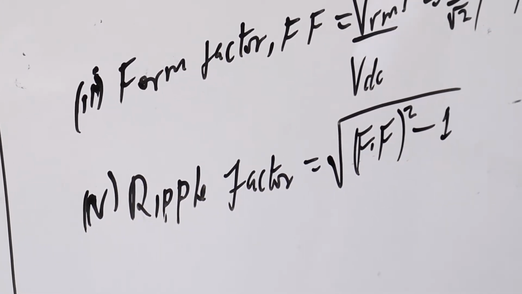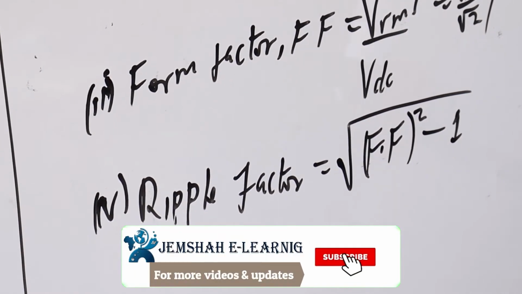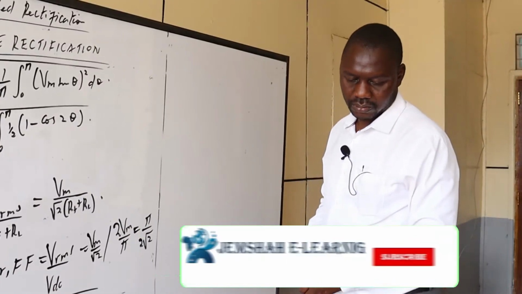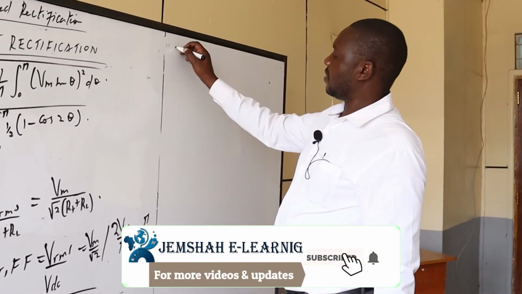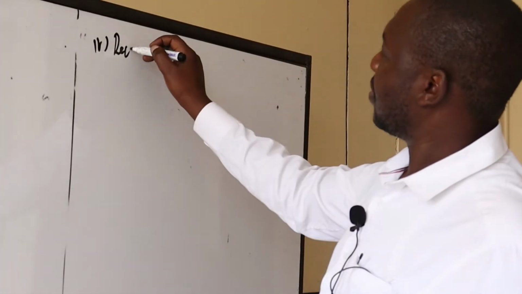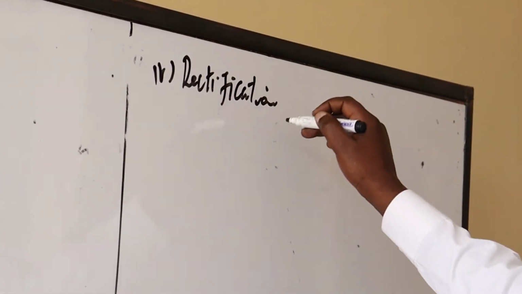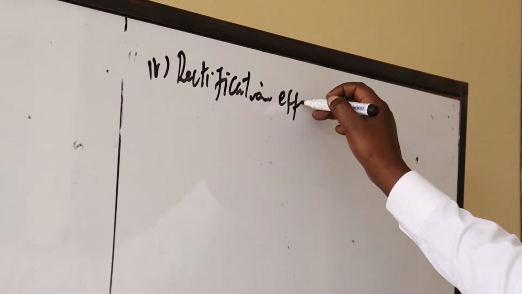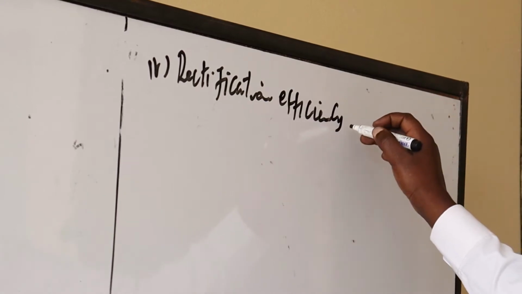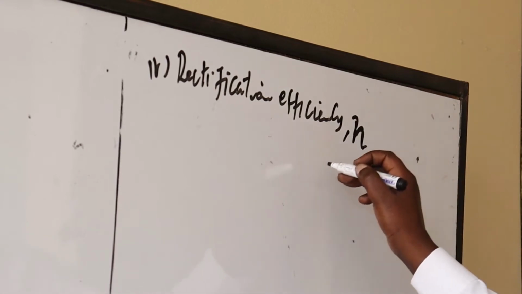Then we can get another parameter, that is the rectification efficiency, which is presented by that symbol.